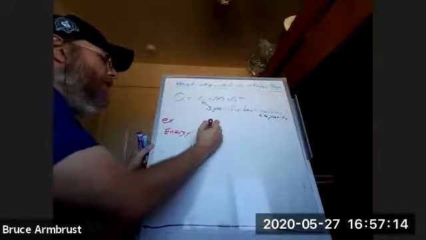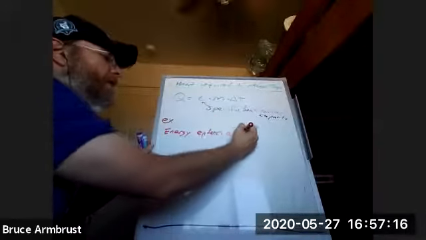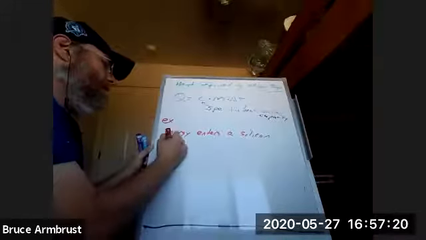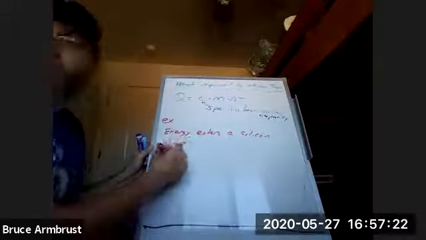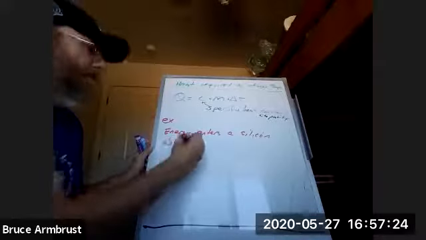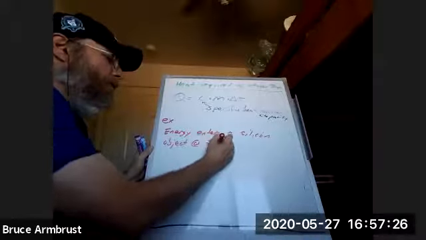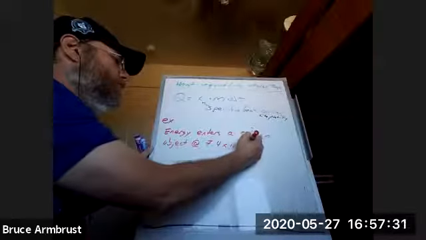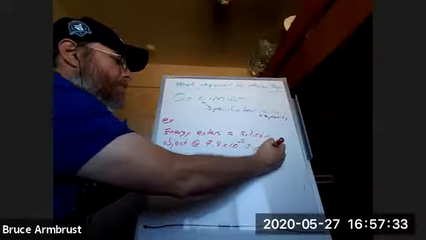So we're going to say energy enters a circuit, or a silicon element, or object, let's call it object, at 7.4 times 10 to the minus 3 joules per second.